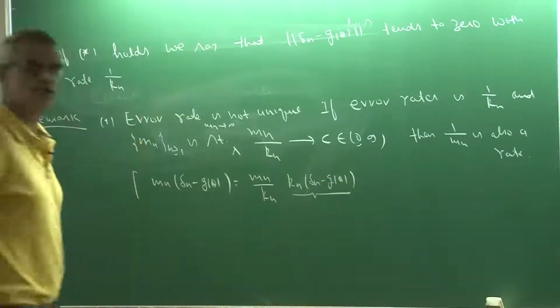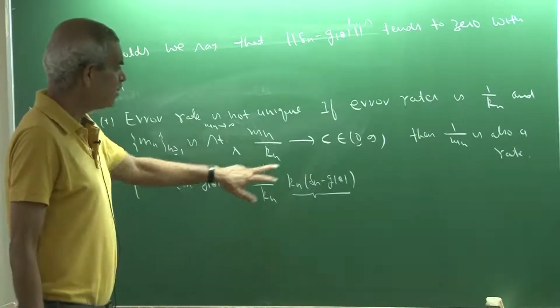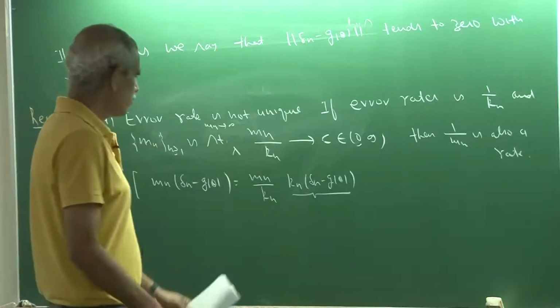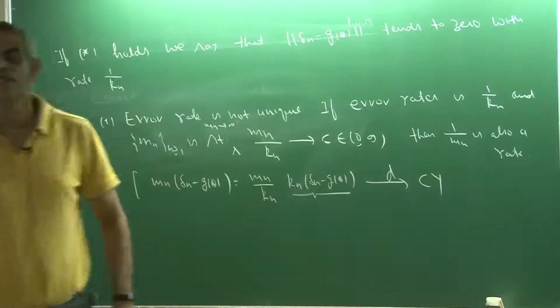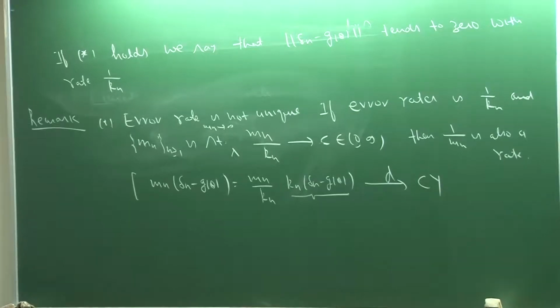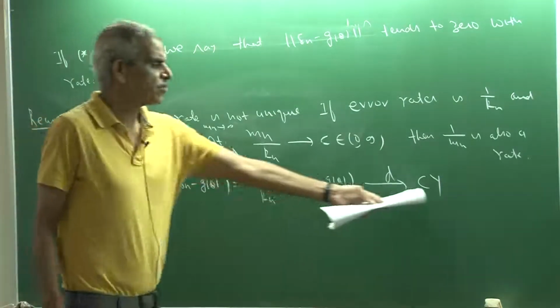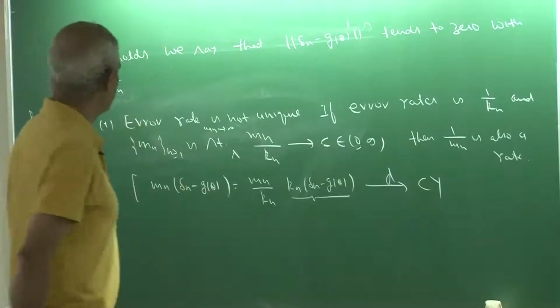Because Kn is the rate, this goes in distribution to Y, and Mn by Kn goes to constant C. So by Slutsky's lemma this goes in distribution to C times Y. Y is not a degenerate random variable, and C is a constant different from 0 and infinity, so CY is also non-degenerate. So Mn into delta n minus g theta goes to a non-degenerate random variable. So Mn is also a rate.